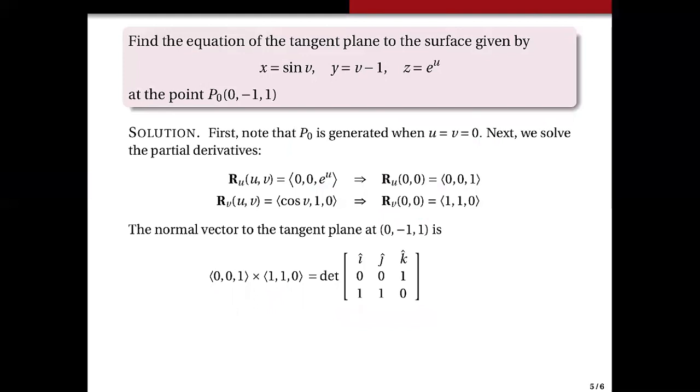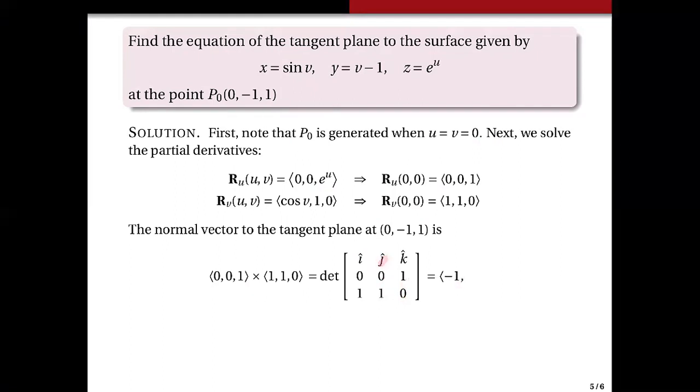Remember, getting the cross product, it's just the determinant. First row, it's your i, j, k. Second row, it's your first factor here, and then the third row, it's your second factor here. So you can get the cross product. At i, you have this and this, so 0 times 0 minus 1 times 1, that's negative 1.